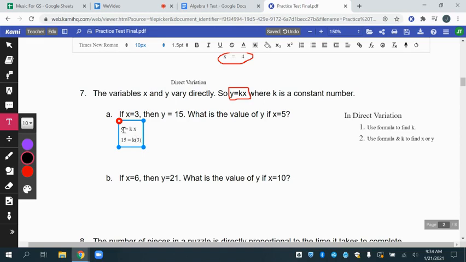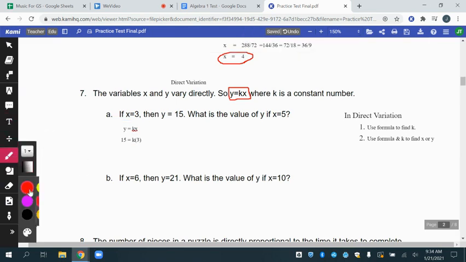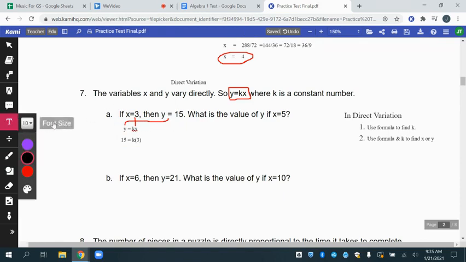So we've got X is 3 and Y is 15. That's what we did, and that's going to tell us what K is.